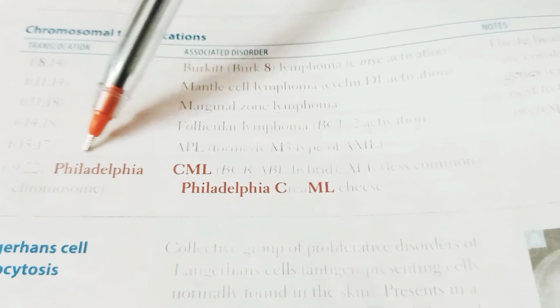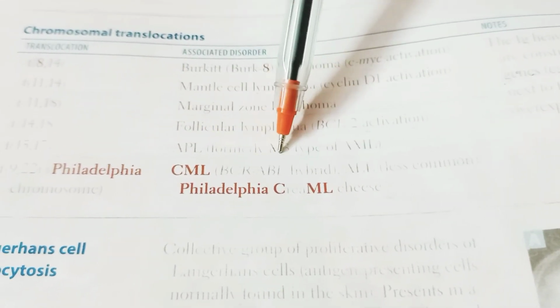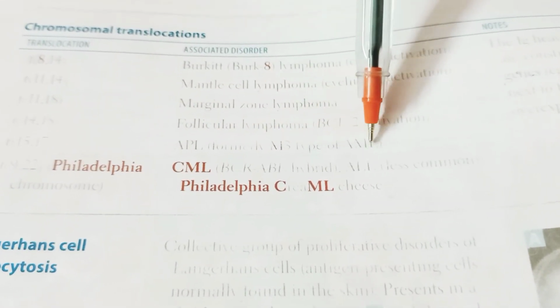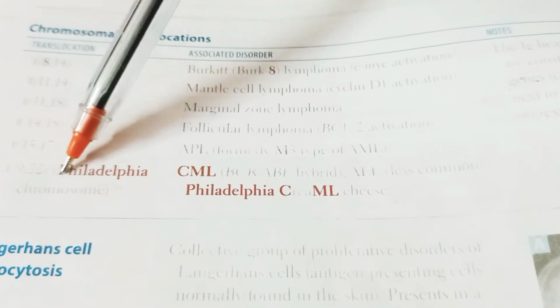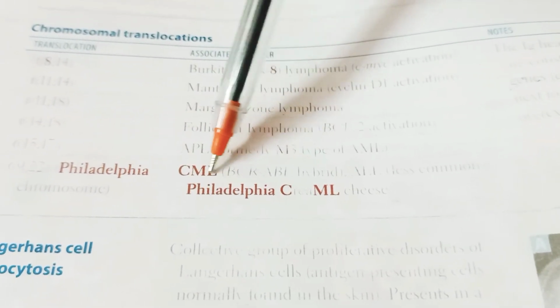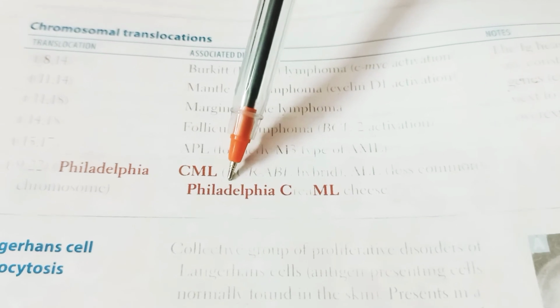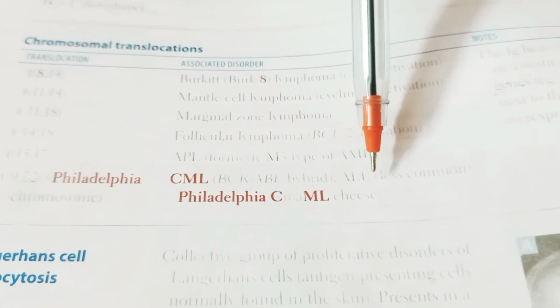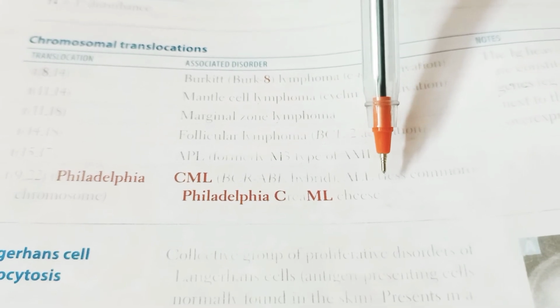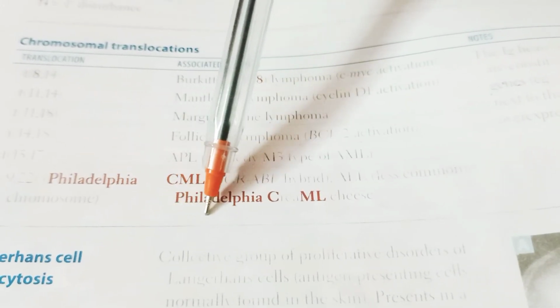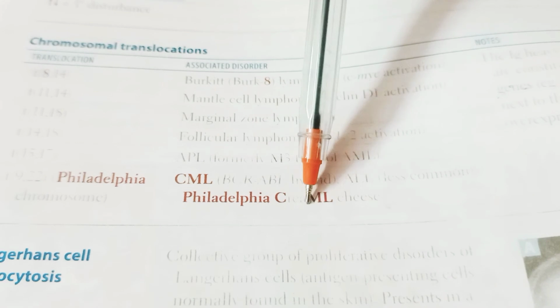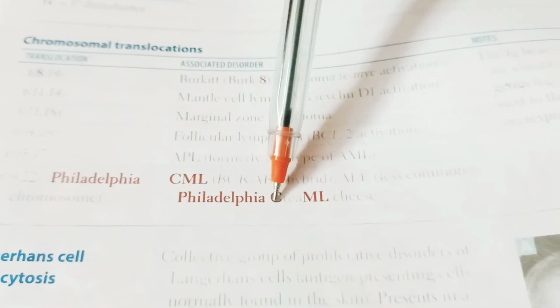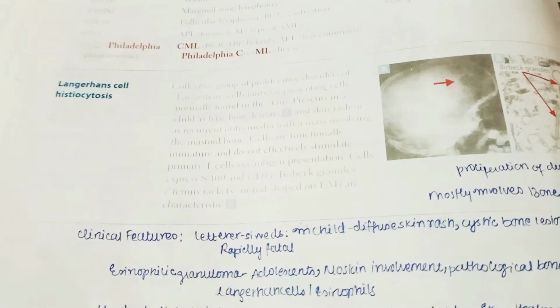And 15;17 translocation is APL, formerly M3 type of AML. Next, 9;22 is the Philadelphia chromosome. Here the associated disorder is chronic myelogenous leukemia, and also acute lymphocytic leukemia, which is less common. And Philadelphia chromosome, you can remember like cream cheese, Cream, ML, then CML.